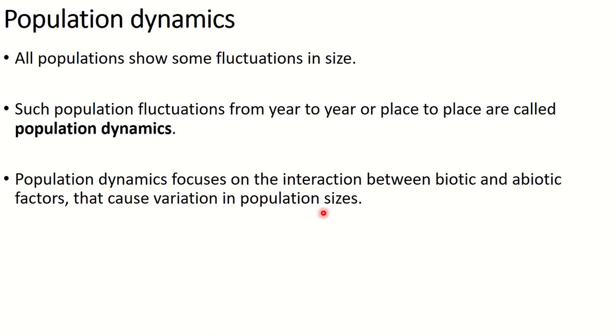Okay, population dynamics focus on the interactions between biotic and abiotic factors. Biotic is living aspects of the environment. Abiotic is non-living attributes or aspects of the environment, and those factors cause variations in population size. So you may have other organisms and attributes or the biology of your species within your population and the environment. What are the climatic conditions?